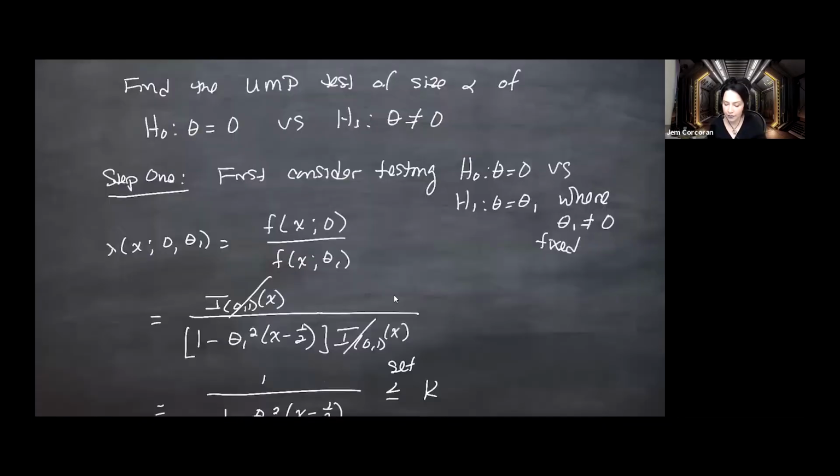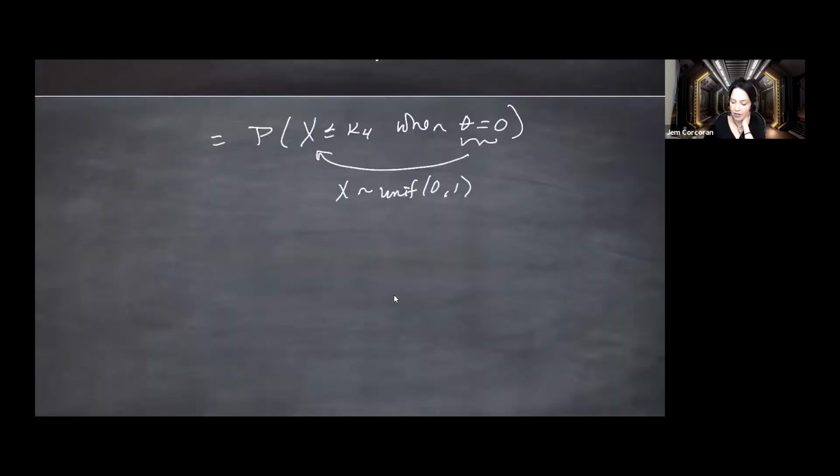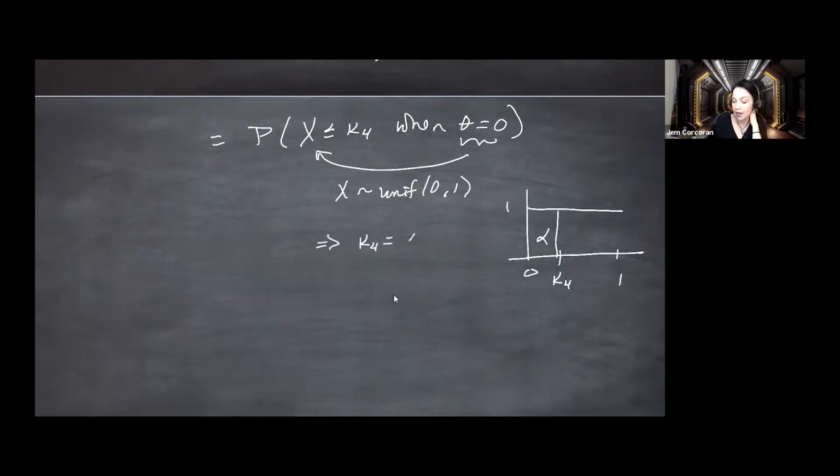This is just a uniform 0, 1, which has a PDF of height 1. And if we want to be below some k4 with some probability alpha, then that means that k4 has to be alpha so that the total area of this rectangle will be alpha.